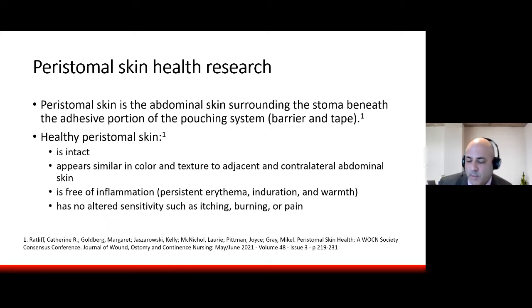Itchiness is an interesting one. Some people may start to feel a bit of itchiness, and that can be an indicator that you may want to consider removing the barrier and looking at your skin. There may be a bit of leakage, which is starting to cause a bit of itchiness, and that should be looked at as soon as possible.